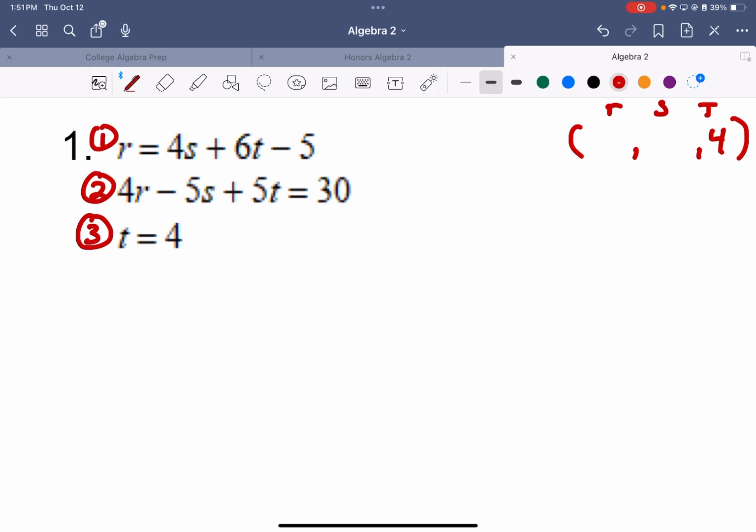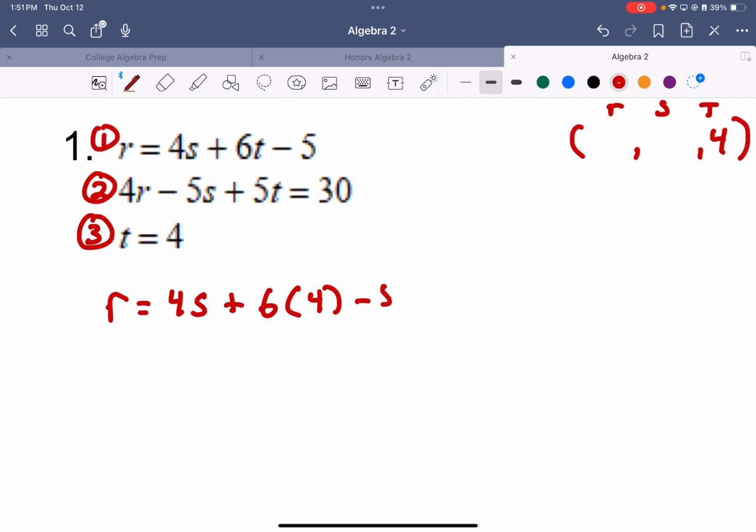We know the value of T. So in that first equation, I can rewrite that first equation, and anywhere I see a T, I can replace it with a 4. Because I knew my T value was 4 right here, I can replace that T with a 4. So now we're going to simplify this.